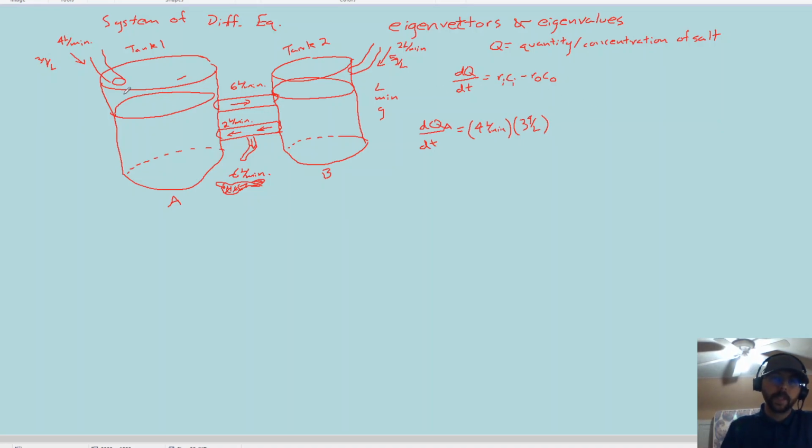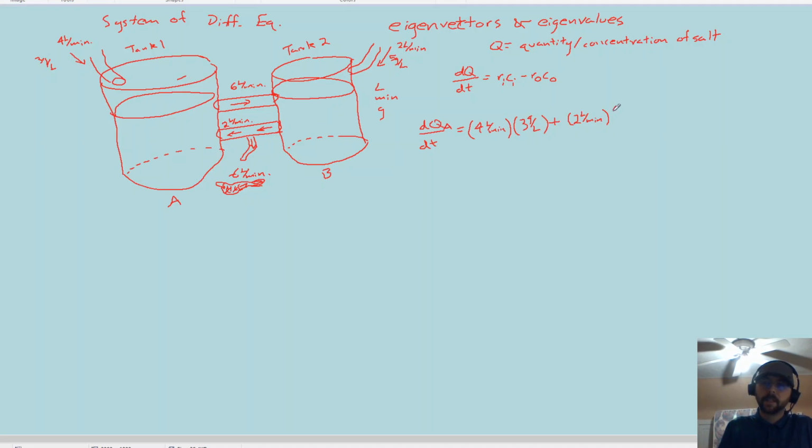So that's going in. Then we also have this going in right here, which is 2 liters per minute. So it's still going in, so it's going to be positive, plus 2 liters per minute times this one.